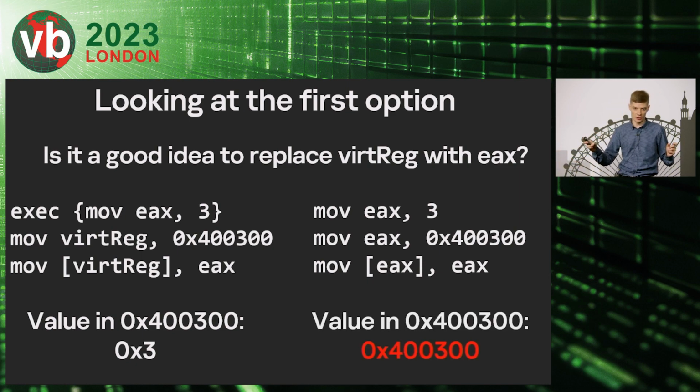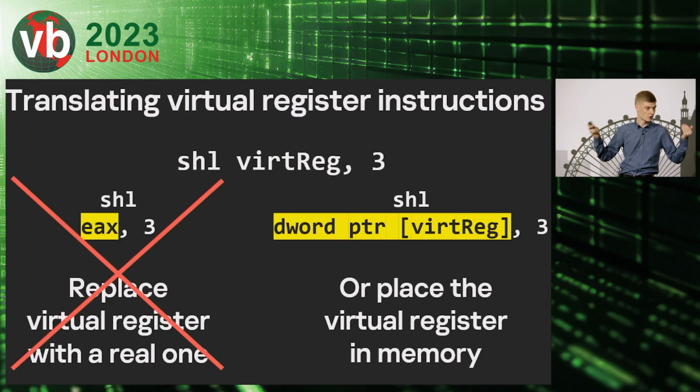And so at the end, we have the number 400300 stored at the address. But we should have stored the number 3. So this is a contradiction. The translation contains a mistake. And thus, this option of replacing the virtual register with a real one is not good for us. Thus, we're left with the second option, to store the virtual register in memory.